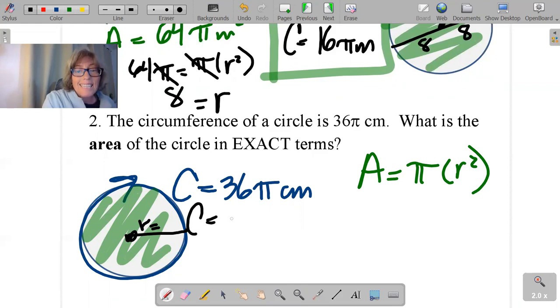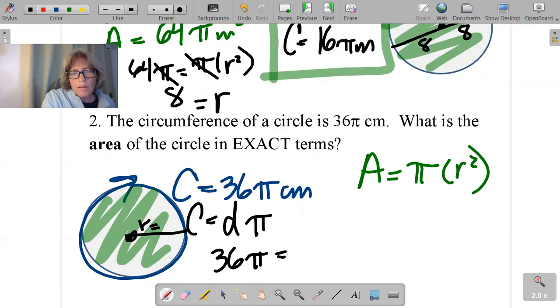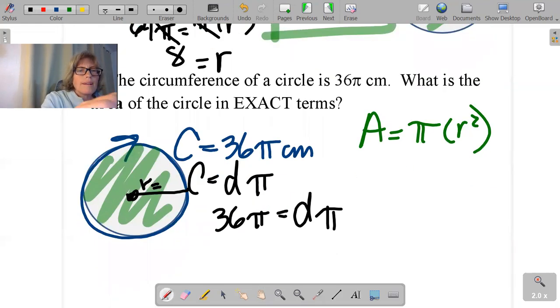So C equals d pi, 36 pi equals d pi. If we were to solve for the d, our diameter equals 36.